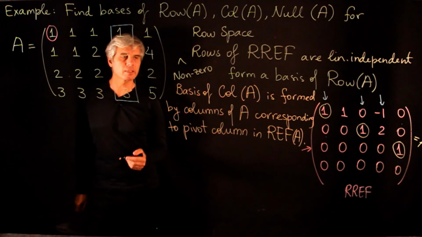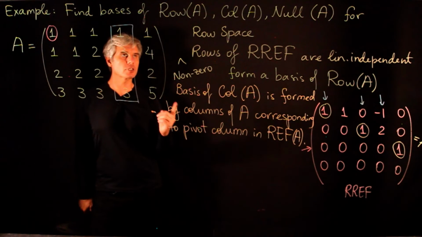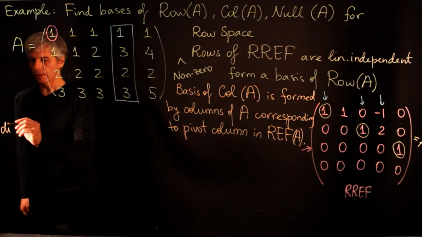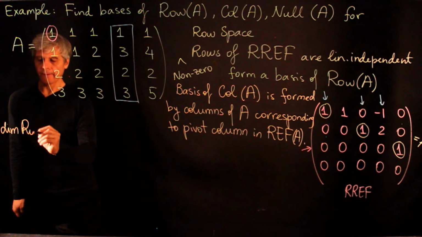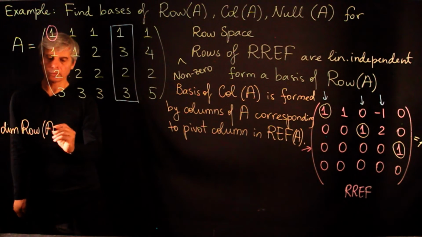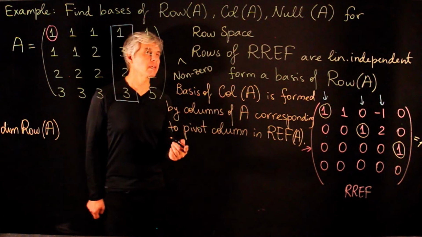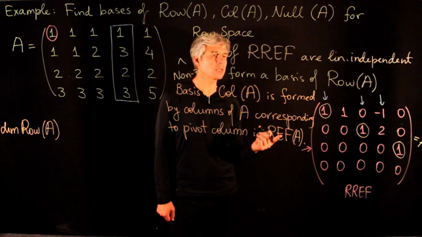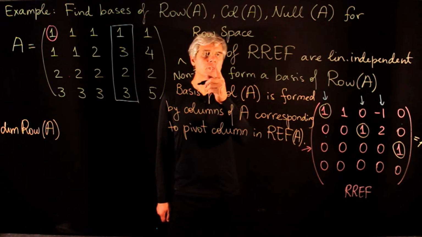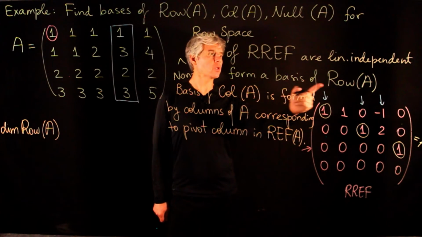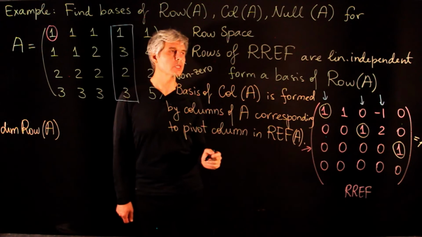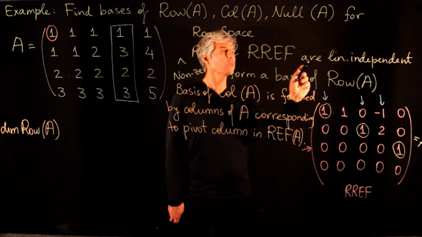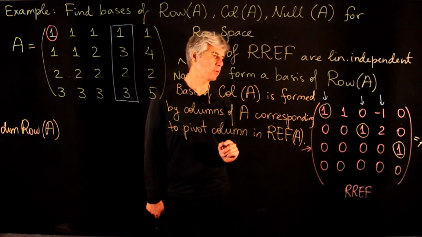So what can we say in general about dimensions of these spaces? Let's look at the dimension of the row space of A. Our definition was that the dimension of a space is the number of vectors in a basis. And here we say that a basis of the row space of A is formed by non-zero rows of the reduced row echelon form of a matrix.